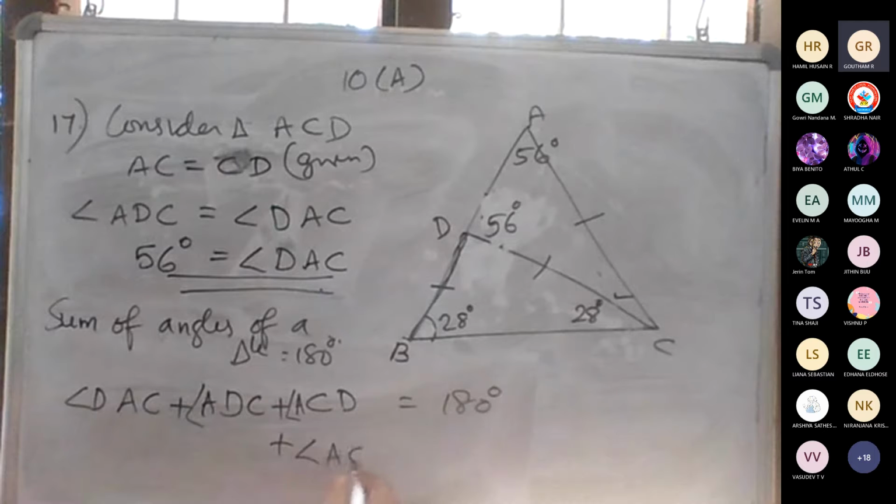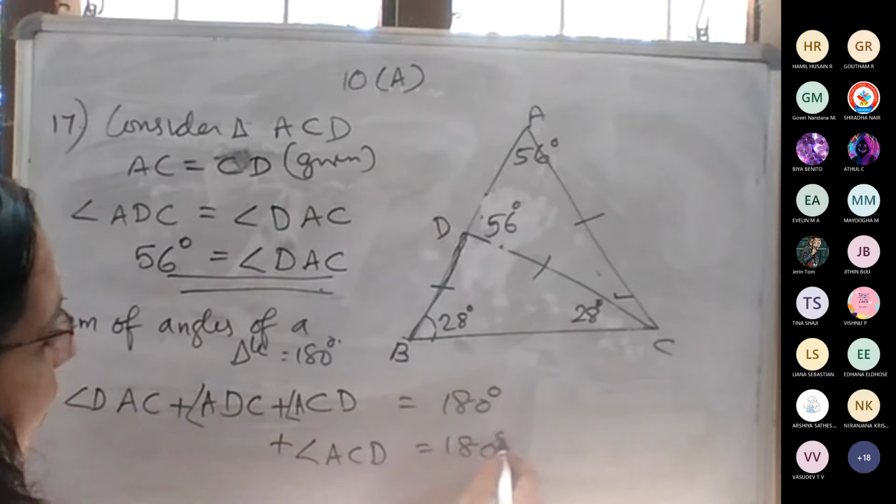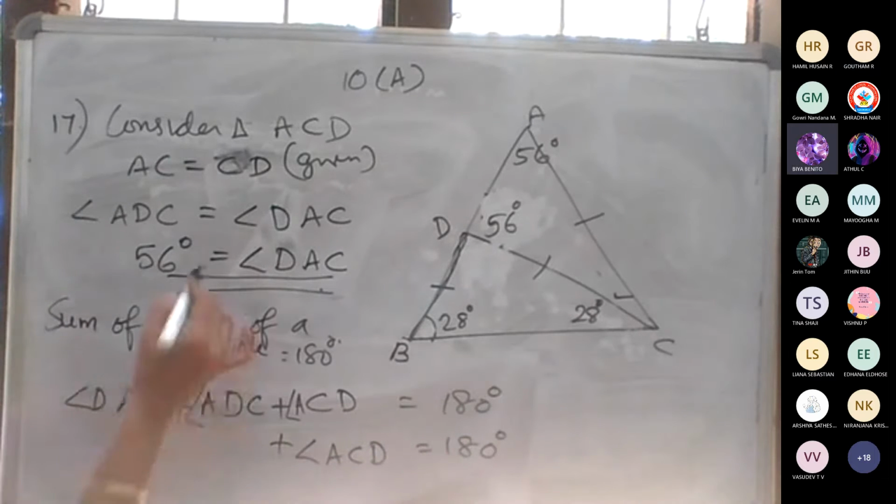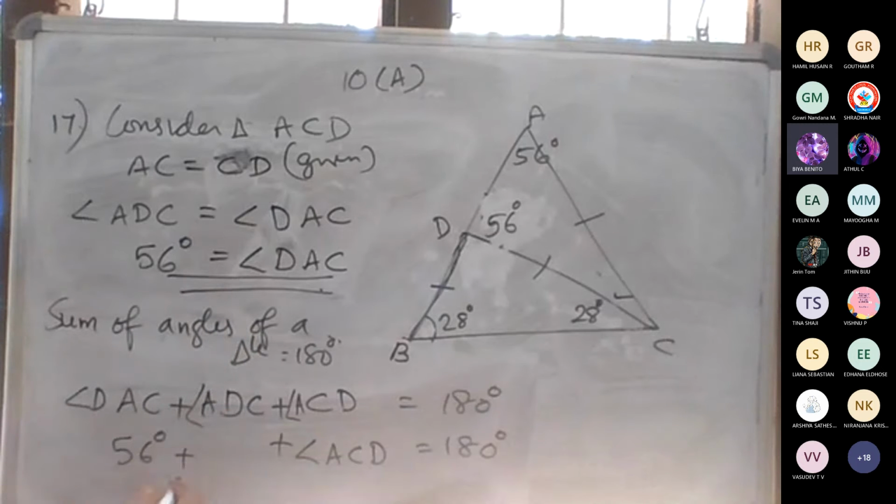We have to find ACD. The remaining two angles: DAC is 56 degrees, plus ADC is also 56.